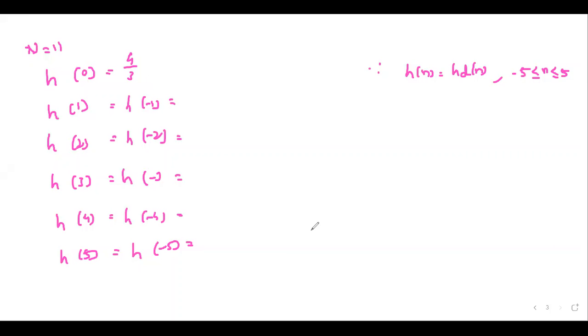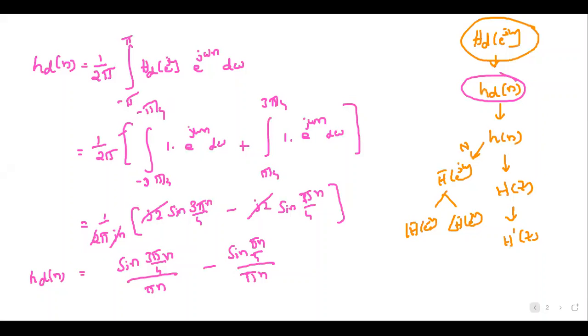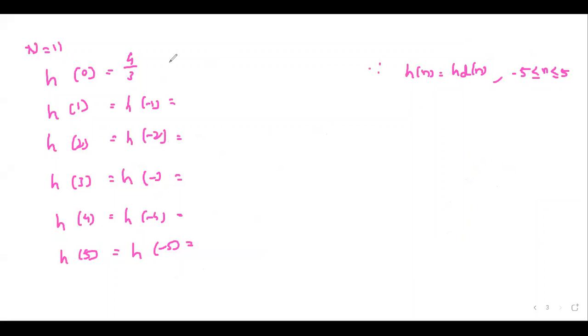Okay, then I need to check. Sine 3 pi by 4 n, here 3 pi by 4 is not there, so it will be 3 pi by 4 in the denominator. It will become 3/4 for the first term. Second term, it is 3/4 minus 1/4, it is 2/4, 2/4 is 1/2 answer. Sandhya, I'm getting 1/2. Is it correct? Sir, once more you say, sir.